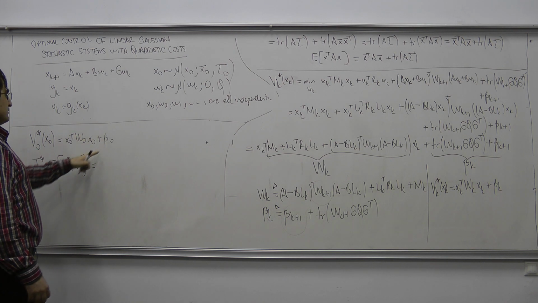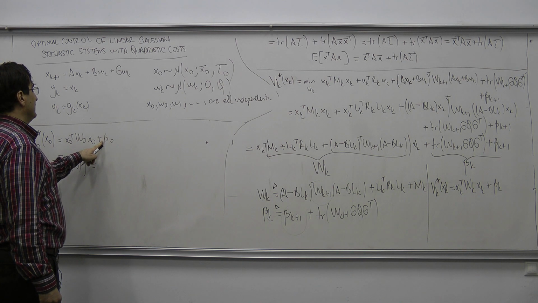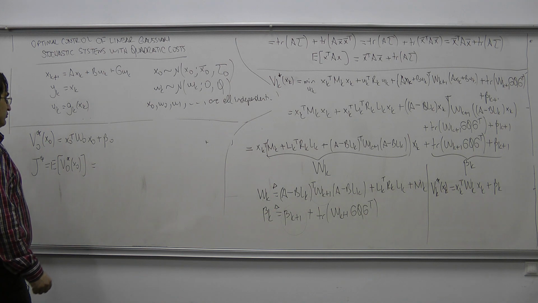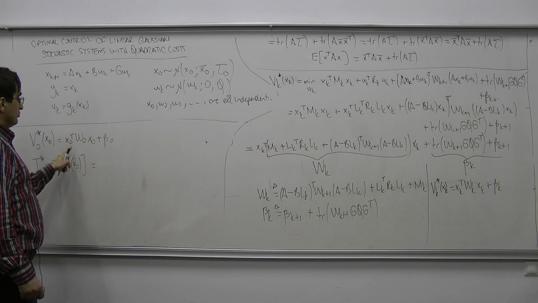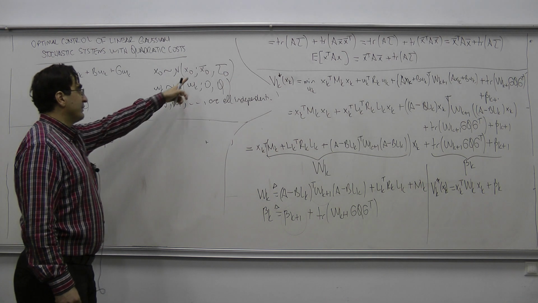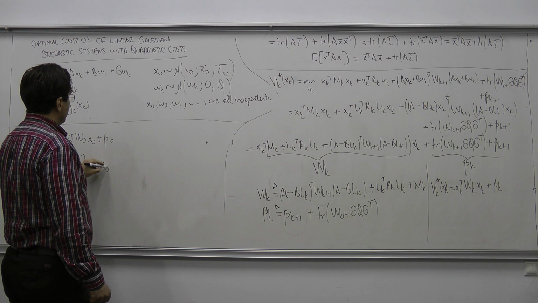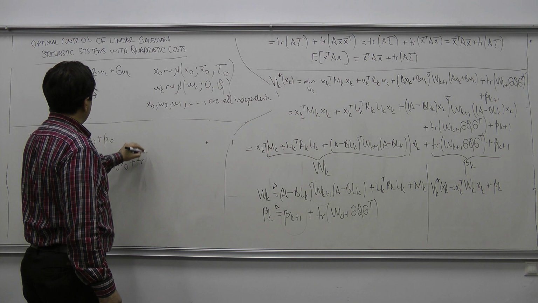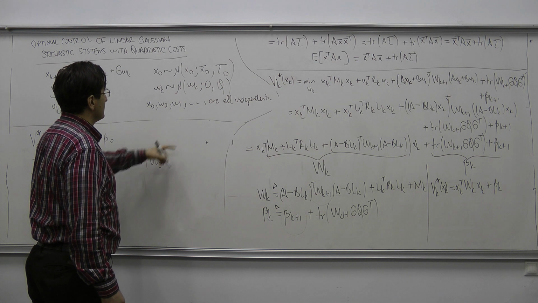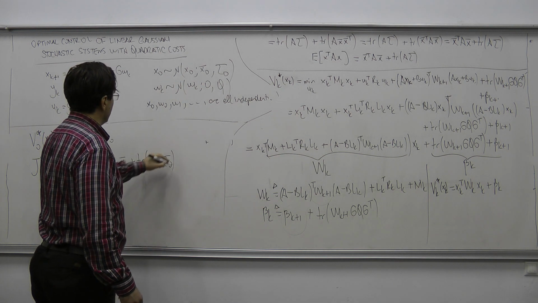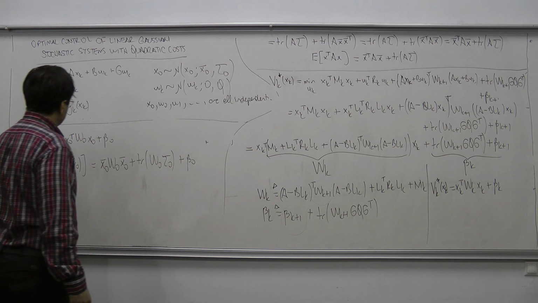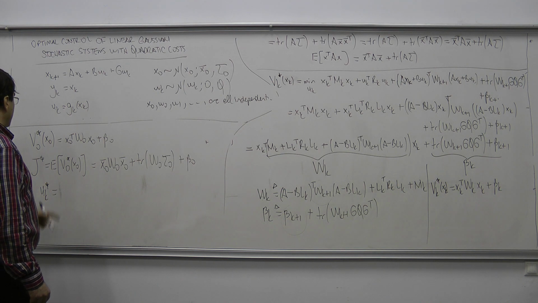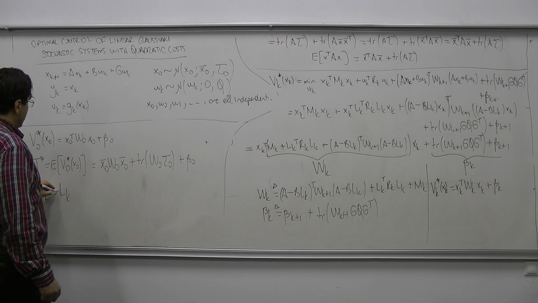I need to take the expected value of this quadratic form with this beta_0. Beta_0 will remain; it gets outside of the expectation directly. And I have to take the expectation with respect to X_0, but that is really simple. It is going to be X_0 bar transpose W_0 X_0 bar, plus trace of W_0 times the initial covariance Sigma_0, plus beta_0. This is the optimal cost.